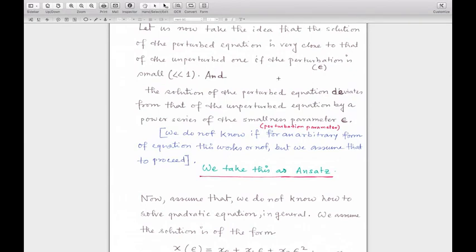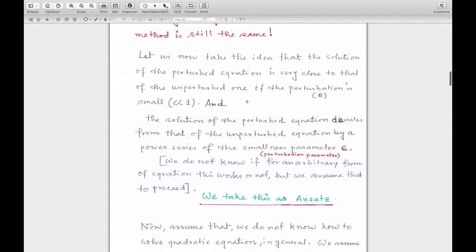The second consideration is that if this part is valid, then the solution of the perturbed equation deviates from that of the unperturbed equation by a power series of the smallness parameter epsilon.